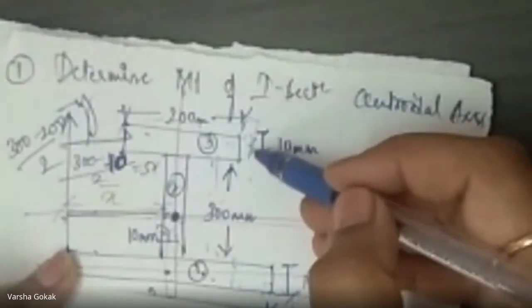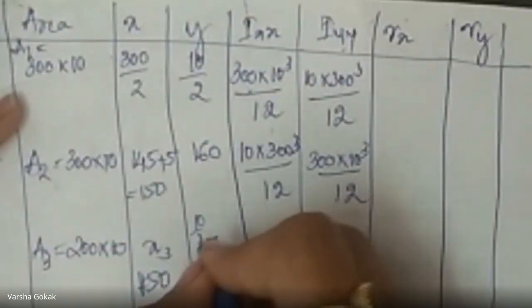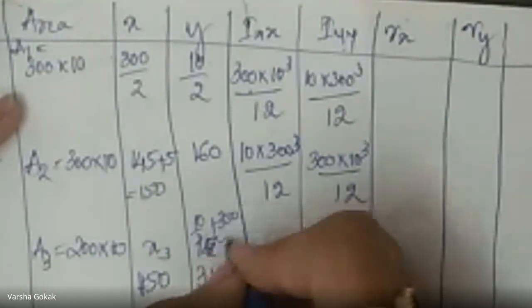What about Y? 10 by 2 plus 300 plus 10. So 310 plus 5, 315 is your Y value.